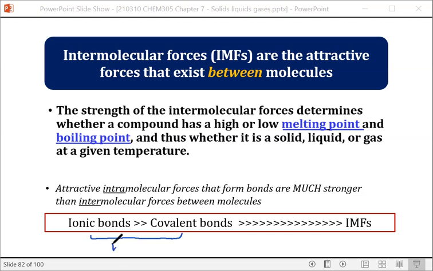And so both types of bonds, or intramolecular force, within a molecule are very, very strong. And then we see all these greater than signs, right? They're very, very much stronger than IMFs.